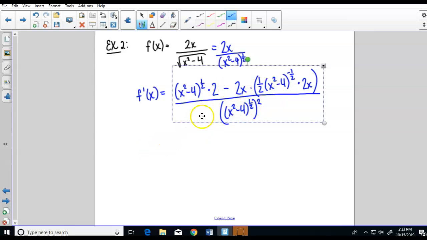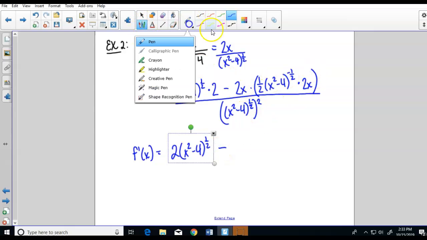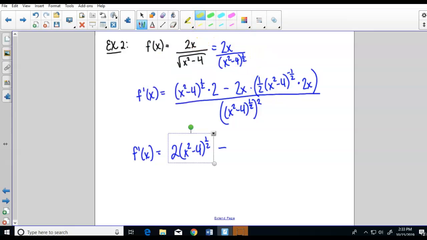So if we sort of clean this up just a little bit, I have 2 times x squared minus 4 to the 1/2 minus, let's see, here we got a 2x. So I just have to, all this sort of runs together. We got a 2x, a 1/2, and a 2x.